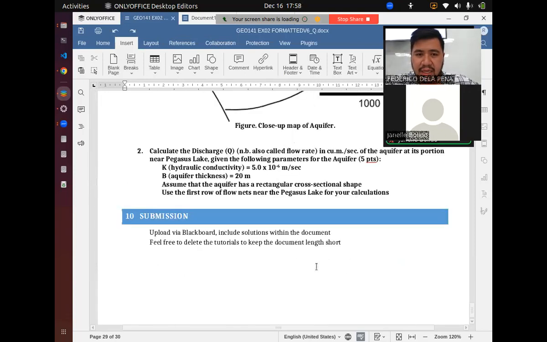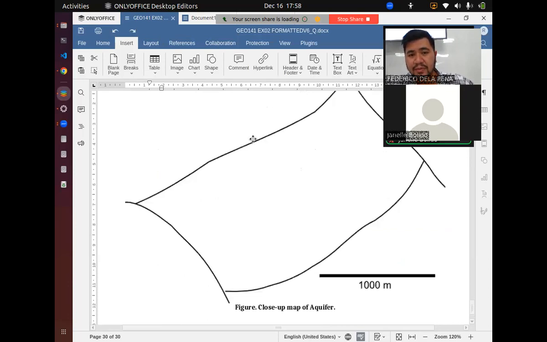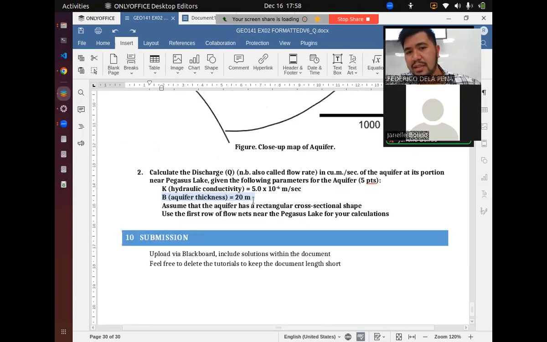Okay, once you've gotten that hydraulic gradient, the cross-sectional area of the aquifer is given. The thickness of the aquifer is given, and the width of the aquifer you can estimate from the map. It's around 1,000 meters wide.